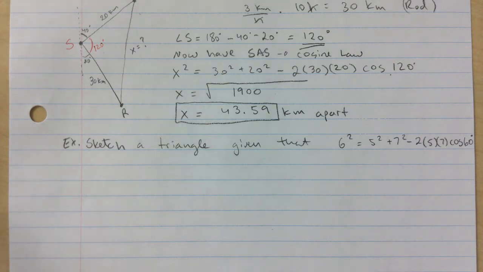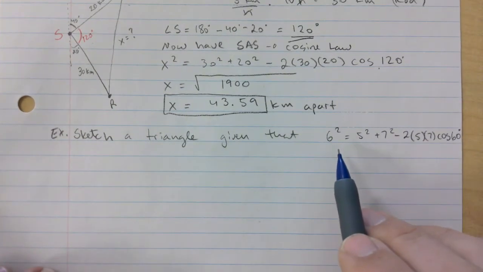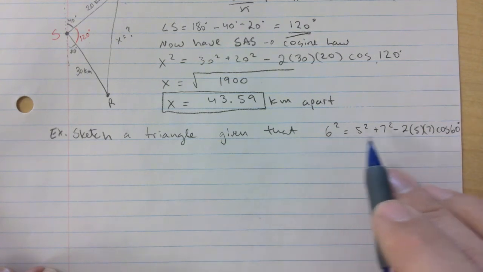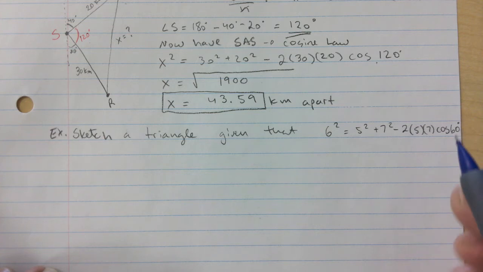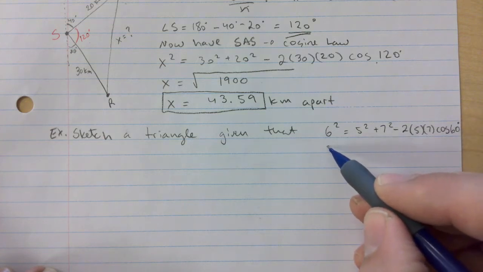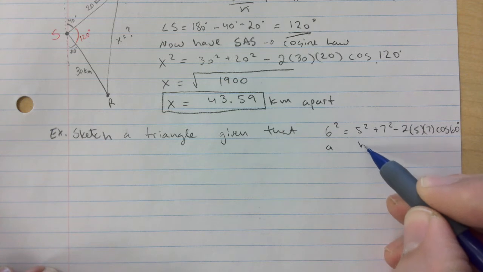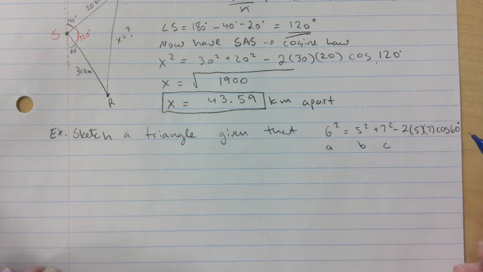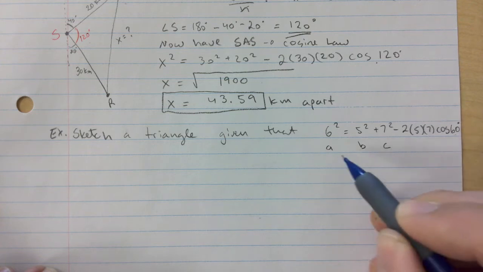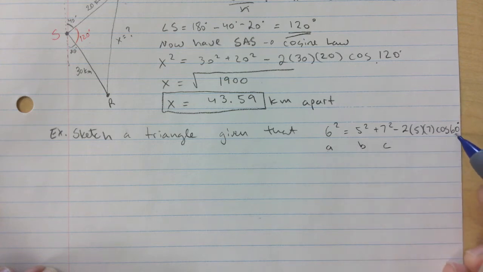So if you're given something like that, right, you know that this is a cosine law situation. You can just say, well, this is going to be side A, side B, side C, and therefore if I call this lowercase a, then this angle right here, the 60, will be capital A.